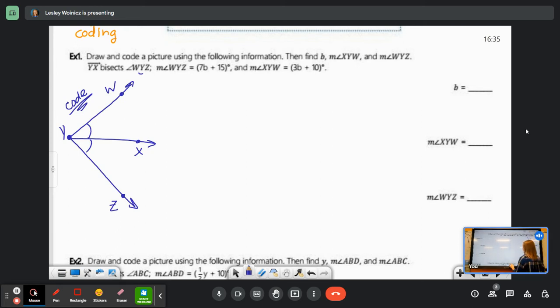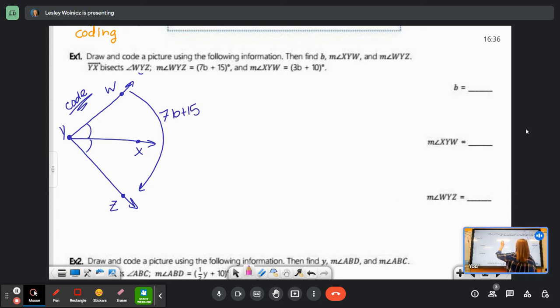Okay, we have some more information. We know that the measure of angle WYZ, that's the big kahuna, is 7B plus 15.